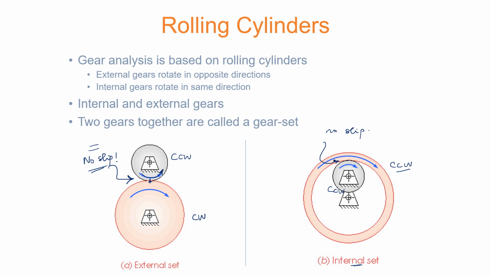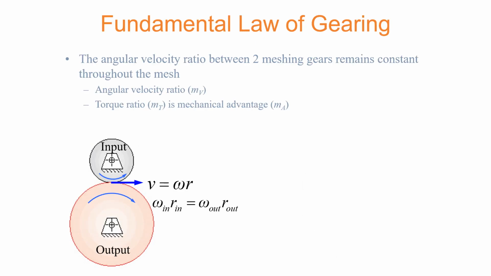So in simpler words, there is going to be slip. So how do we avoid that? That's exactly where geared systems play their part. Because of the nature of their geometry, geared systems give the assurance that there is no slip between the mating cylinders. That's exactly what we're going to explore in the subsequent slides.